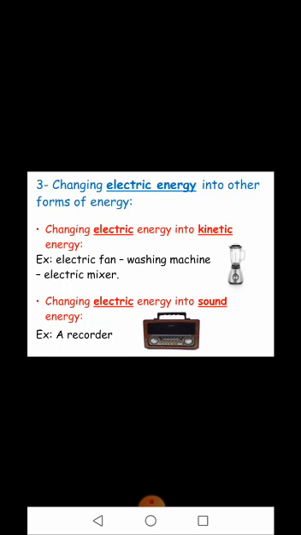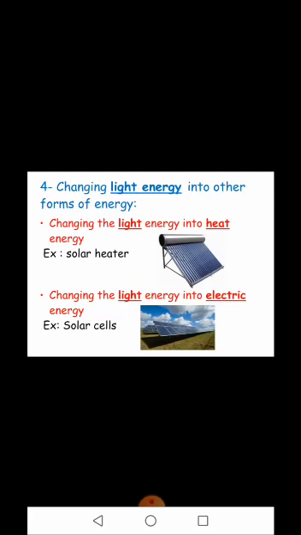The electric fan changes the electric energy because you put the fan in the electric source, then the fan will move. So the electric energy is changed into kinetic energy, and the same for the washing machine and electric mixer. Number two, changing electric energy into sound energy like recorder or radio. So the electric energy is changed into sound energy.